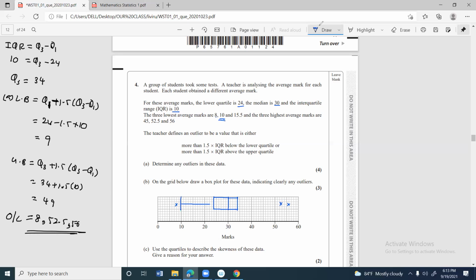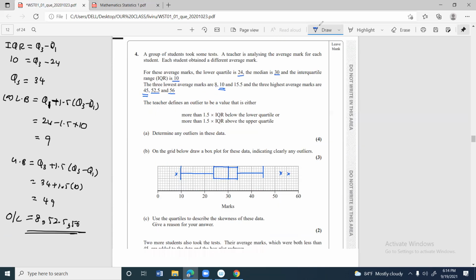For the upper region, the limit is 49. These two figures are higher than that, so they are outliers, and 45 is the next highest value. Therefore, 45 becomes the upper end. That is the way of drawing the box plot.